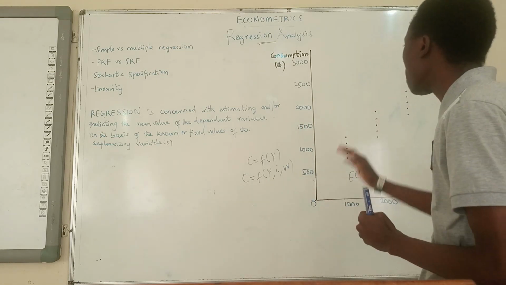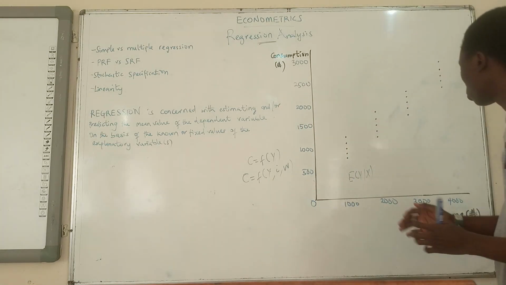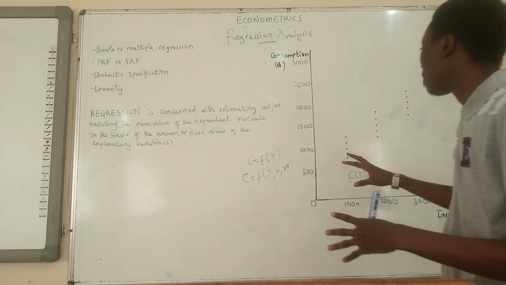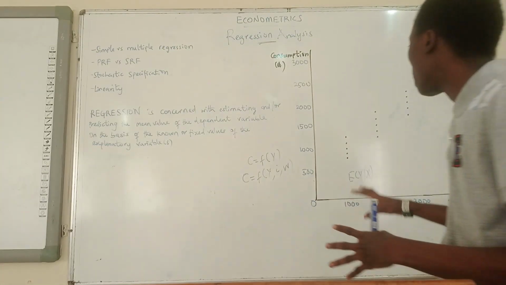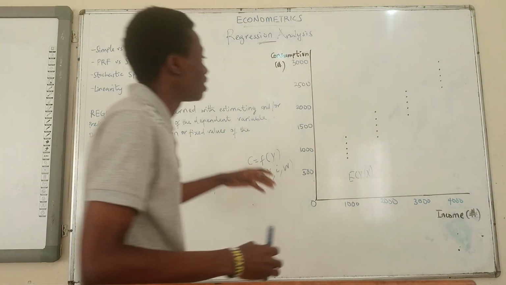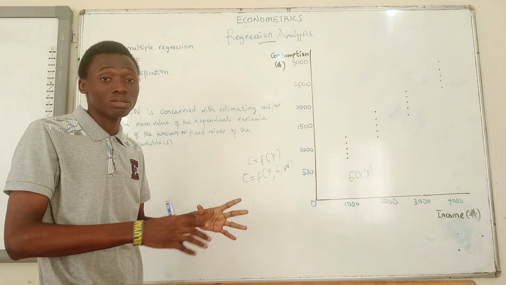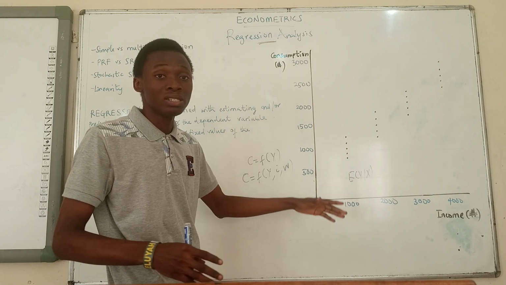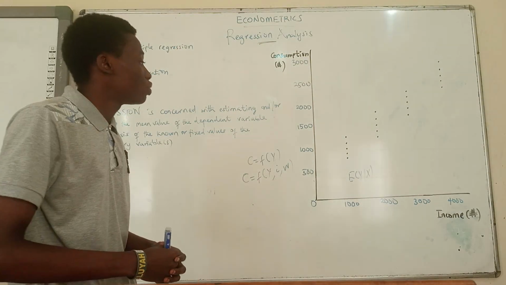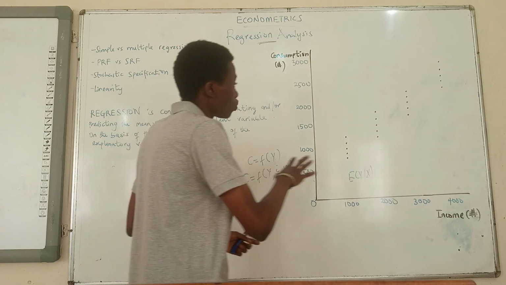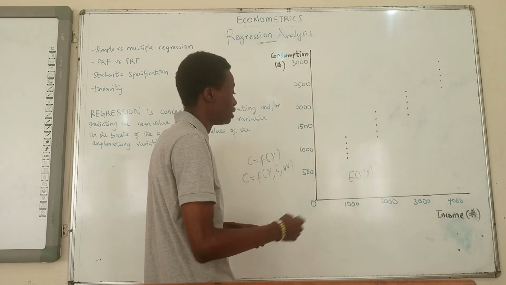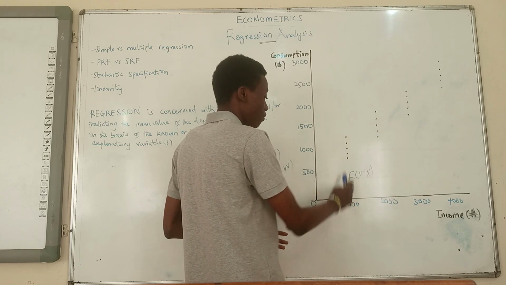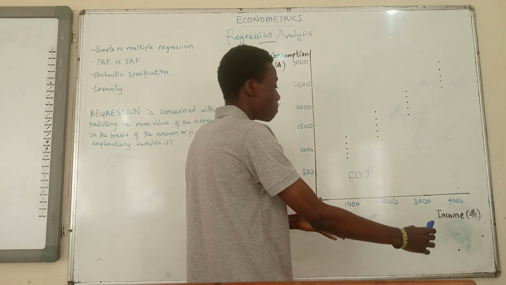Back to our example of consumption as related to income. This is just a hypothetical example, and we are looking at the entire population of families, observing how their consumption varies with their level of income. In this case, we are looking at 20 families, 20 observations, about 5 families per income level.